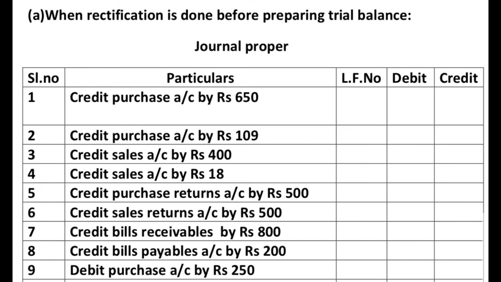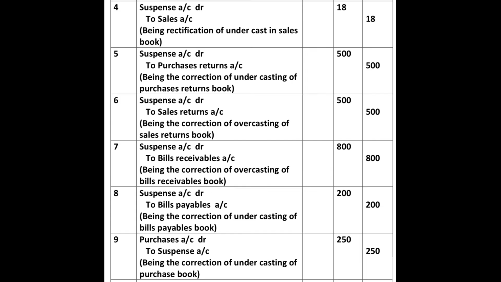A. When rectification is done before preparing trial balance, for ninth point, sentence is debit purchase account by 250 rupees. B. When rectification is done after preparing trial balance, for ninth point, entry is purchases account debtor to suspense account, amount 250. Narration: being the correction of undercasting of purchase book.